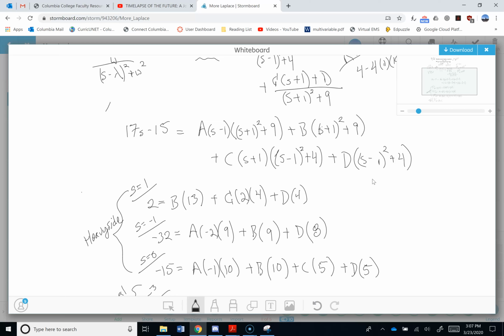So the usual PFD method would be I would multiply all this out and then equate the coefficients, right? Yeah. The Heaviside method is just like, oh, hey, by the way, if you just plug stuff in that makes things 0, then you maybe don't have to deal with multiplying all this out.